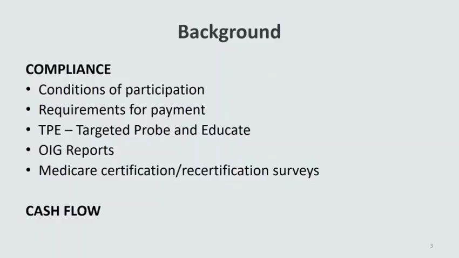However, these specific items that we're going to talk about today are singled out in different ways by various governing and oversight bodies such as CMS and the Medicare survey entities now, which is new, and also by the OIG. The OIG is the Office of the Inspector General.